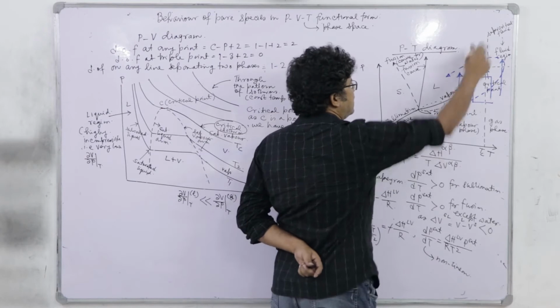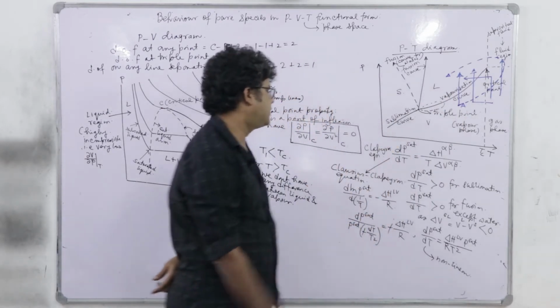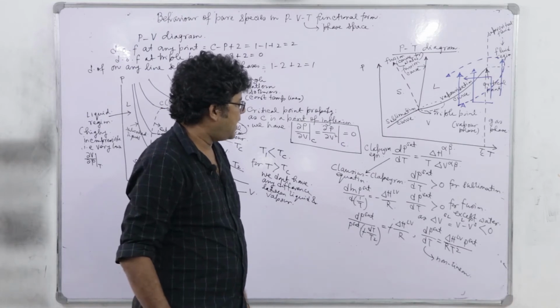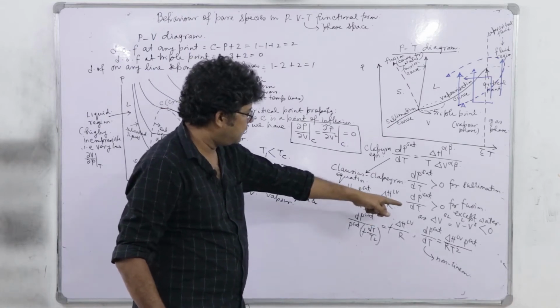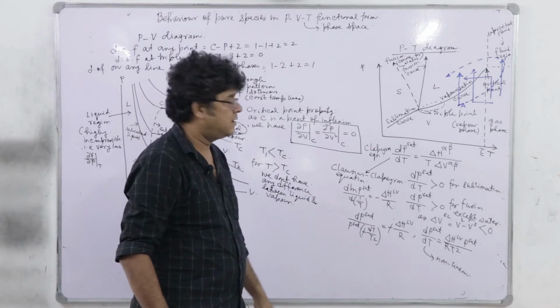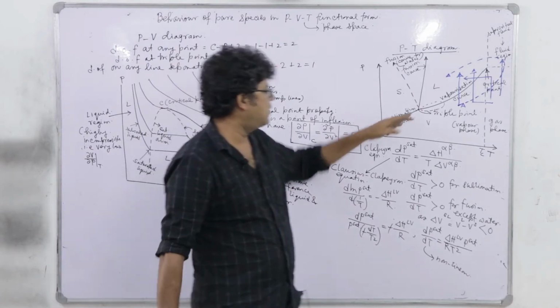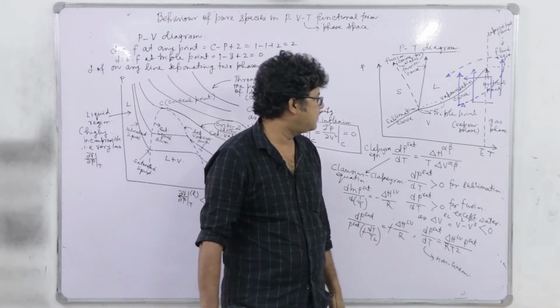So, the vaporization curve is nonlinear, whereas the fusion curve is more or less a straight line, as this ΔV SL really changes little with this pressure, and similar is true for the sublimation curve.